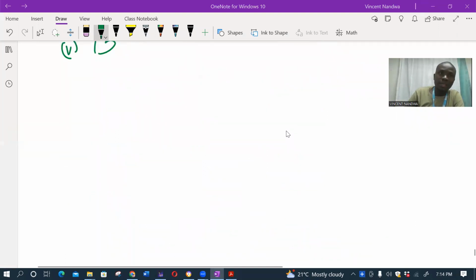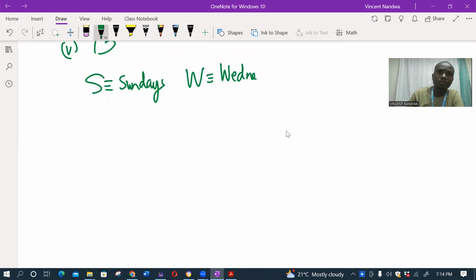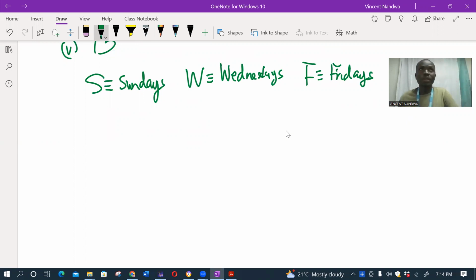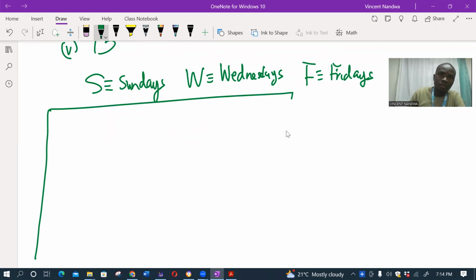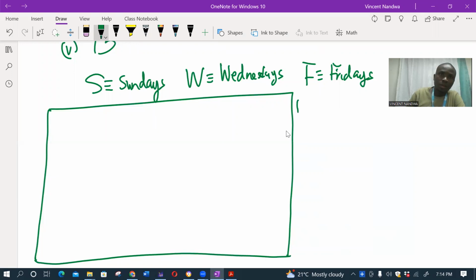So without loss of generality, let S mean Sunday, W mean Wednesday, F mean Friday. Those are our 3 sets. So we are going to have this as our universal set. Cardinality of this is 1,000.